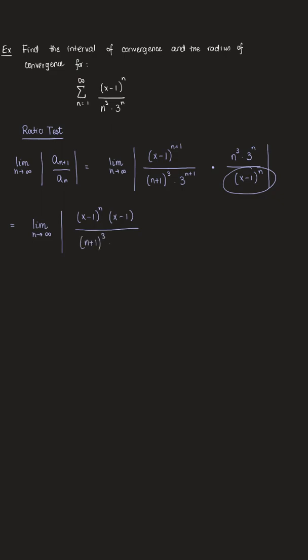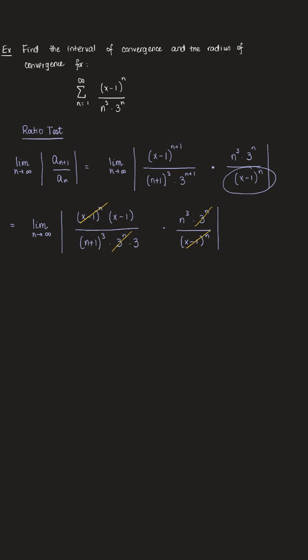And again, we can use rules of exponents to separate 3 to the n plus 1 into 3 to the n times 3. So then I'm multiplying by n cubed times 3 to the n. And then in the denominator, we still have that (x minus 1) to the n, but we know that that will cancel out. So now we can cancel (x minus 1) to the nth power and a 3 to the n.